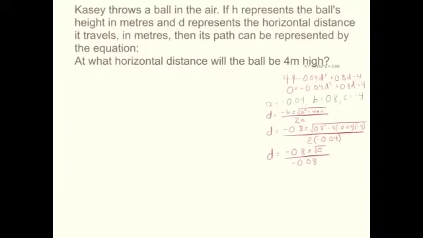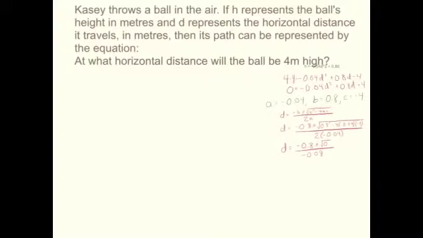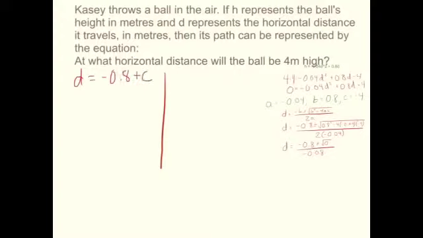Here's the reason that's interesting: when we look at the 2 cases of the plus and the minus, they're going to be exactly the same, because the square root of 0 is 0. So the first case will be d equals negative 0.8 plus 0 over negative 0.08.